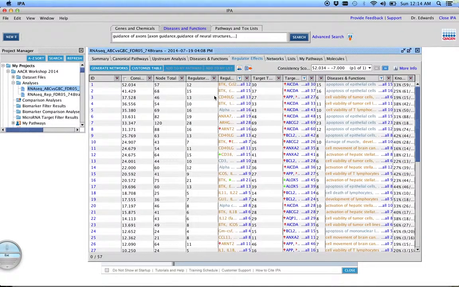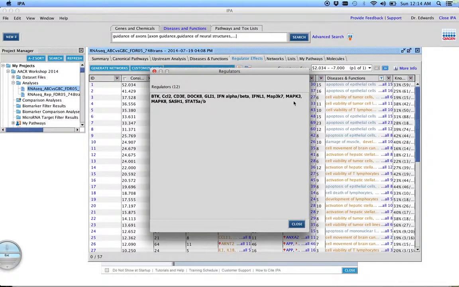So in this page, what they're actually doing is combining these upstream regulators with these target genes, and then looking to see if they're connected to common biological diseases and functions. So here, these are the regulators that are used. There are 12 of them.